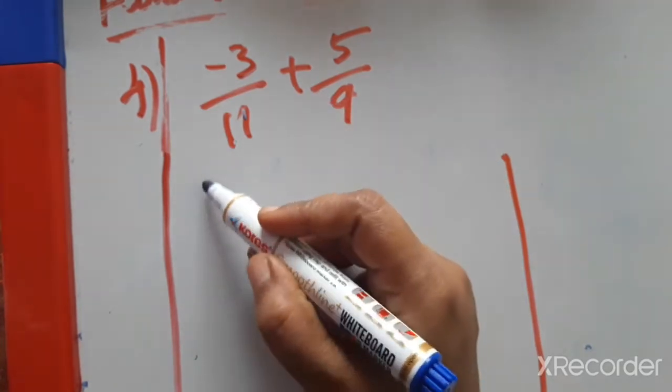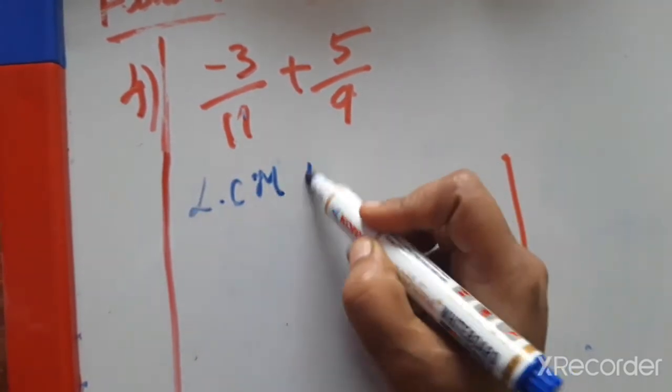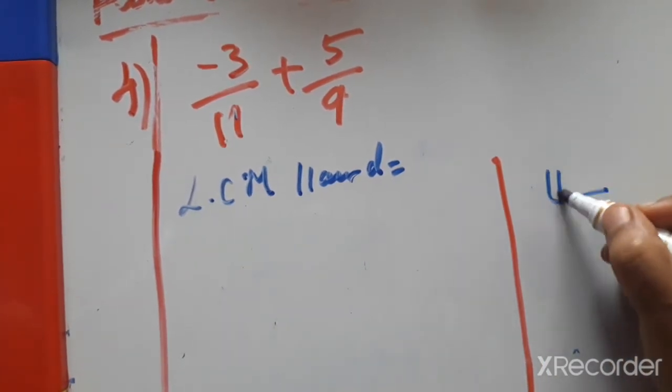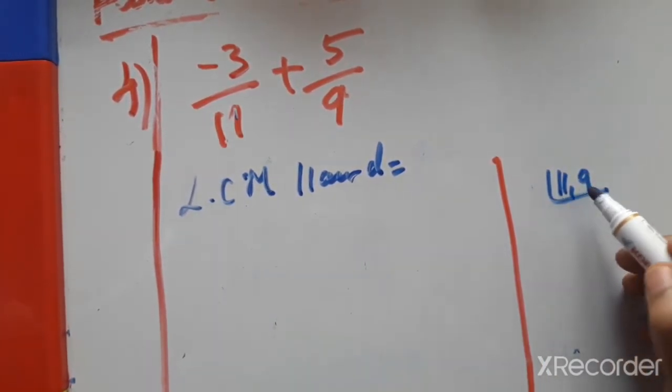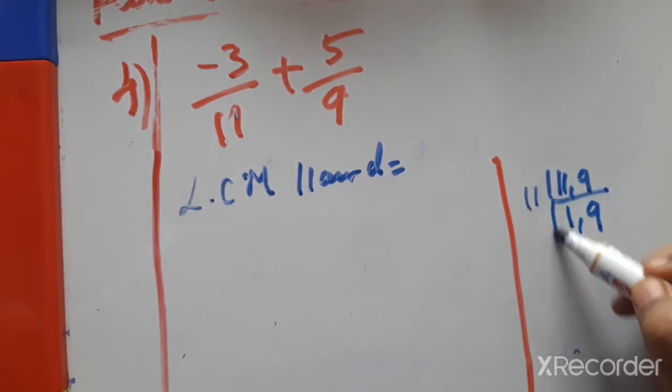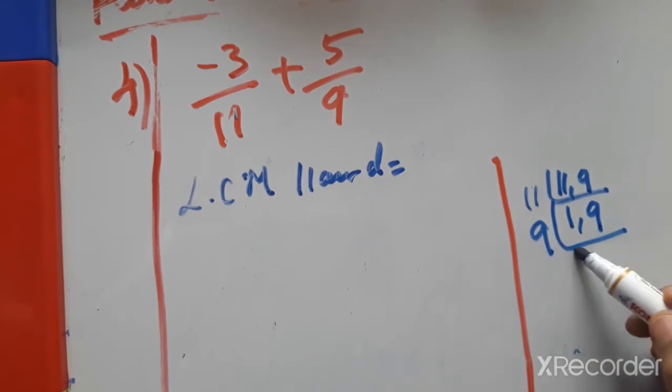So we have to find the LCM of the denominators 11 and 9. Both will not divide with the same number, so we multiply with the same tables. Take 11 outside. 11 ones are 11, 9 as it is. And 9 ones are 9, 1 as it is.